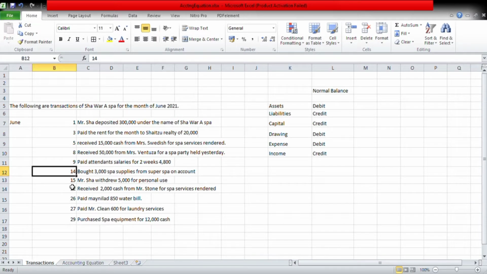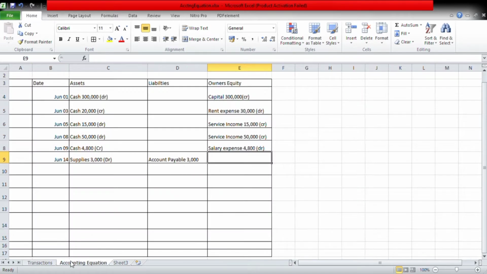On June 15, Mr. Shah withdrew 5,000 for personal use. Since he withdrew it for personal use, it is not for business use. So here, the cash decreases, and then drawing, 5,000.